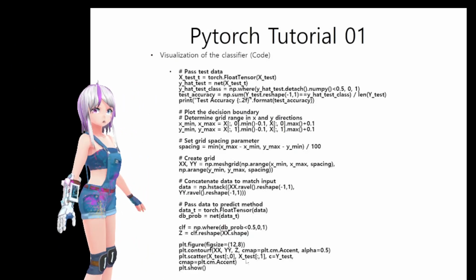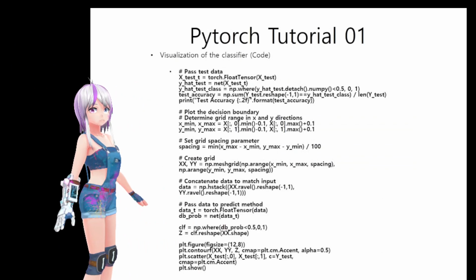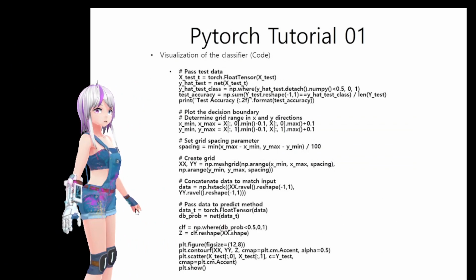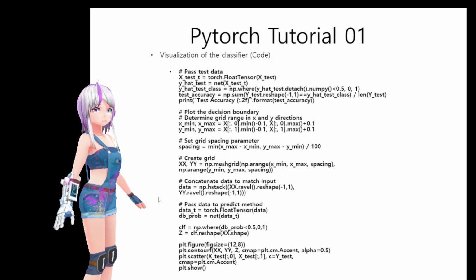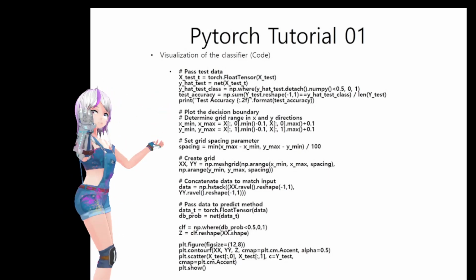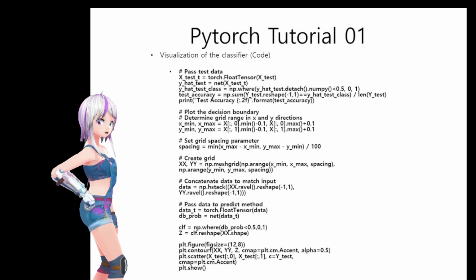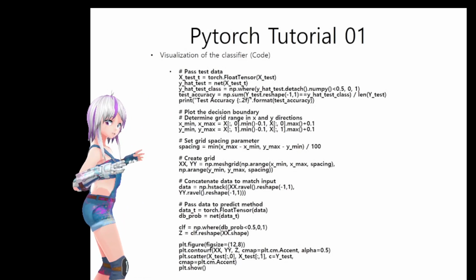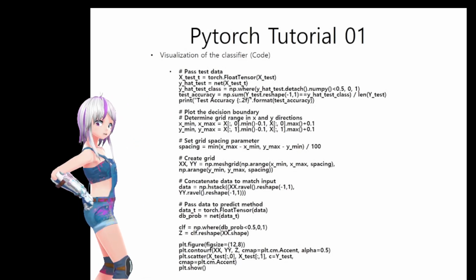Okay, this is how you write your code in order to get the previous regions, the positive set, negative set, purple dots, yellow dots. Okay, this is hard to look at, so I'm going to briefly explain and make it fast.